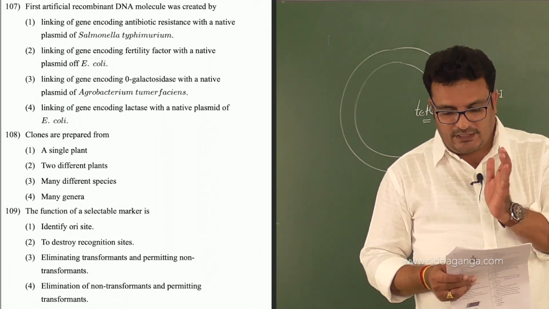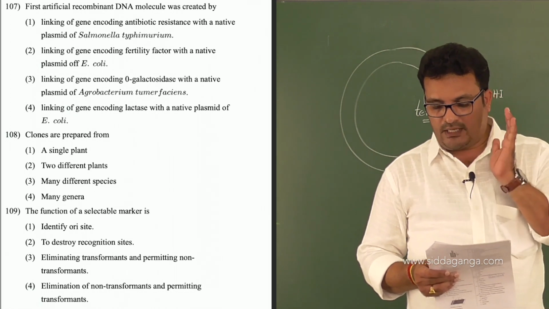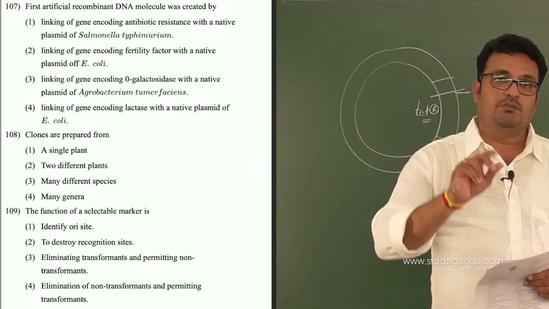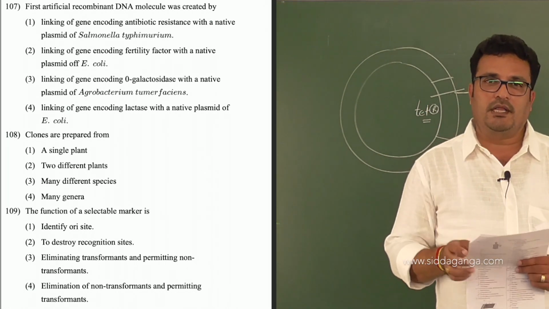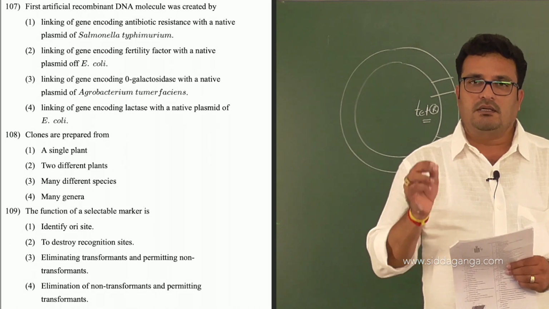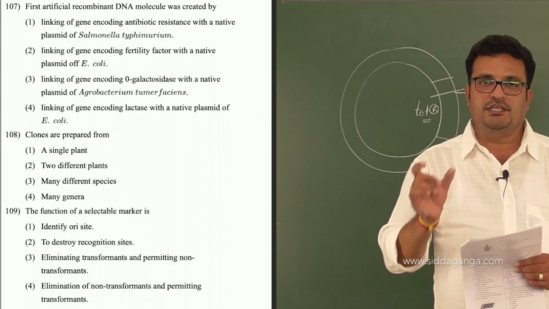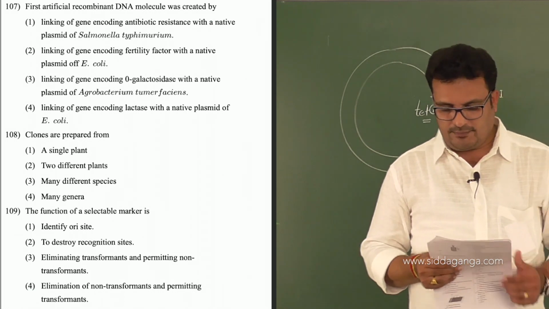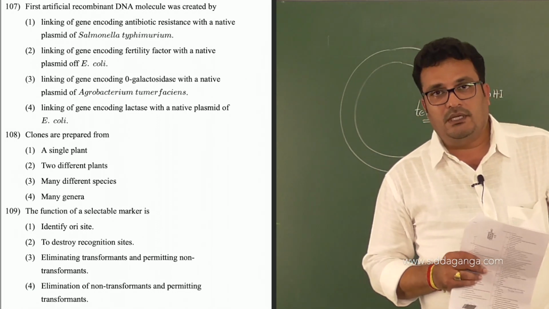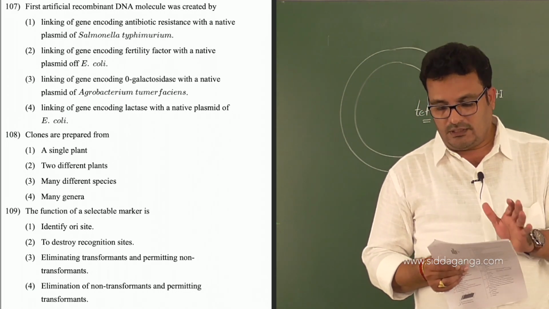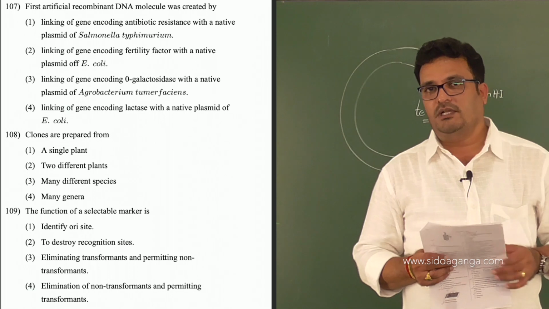So linking a gene encoding antibiotic resistance with a native plasmid of Salmonella typhimurium. That antibiotic resistance gene was used as recombinant DNA. That gene is made to insert into a plasmid, but the plasmid is different, while the gene is selected from the native plasmid of Salmonella typhimurium.